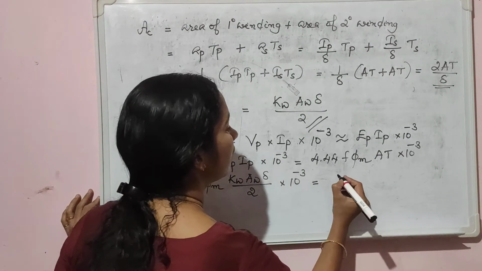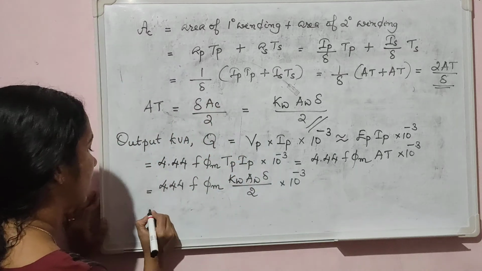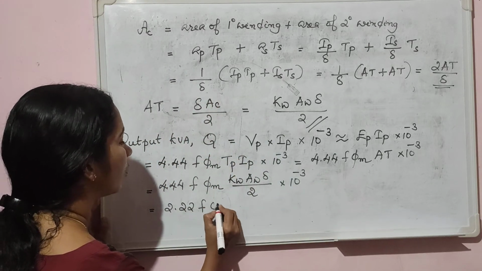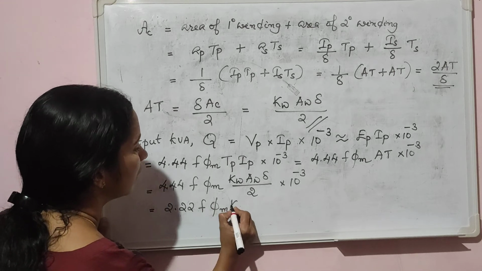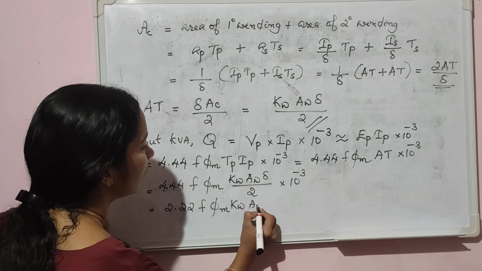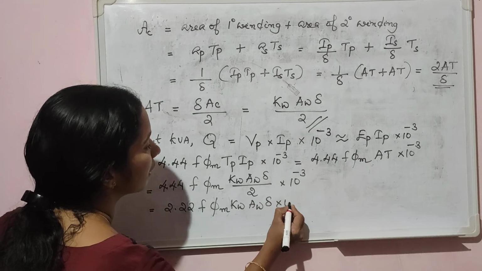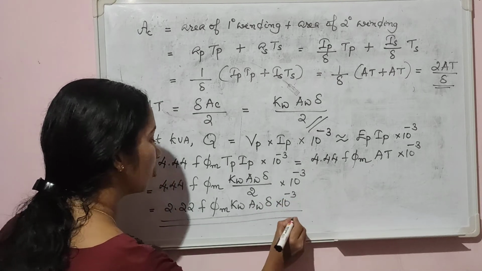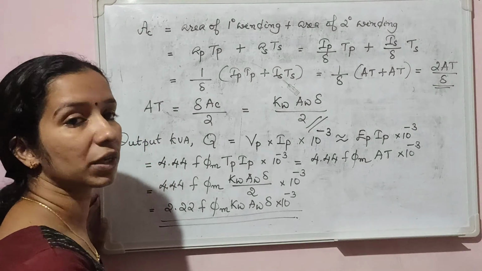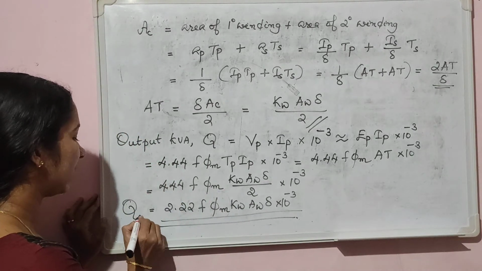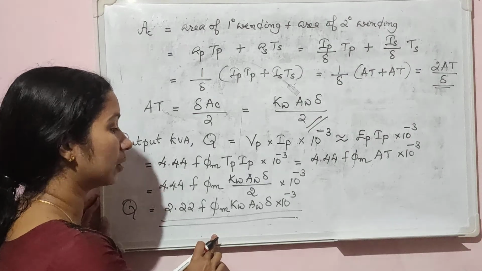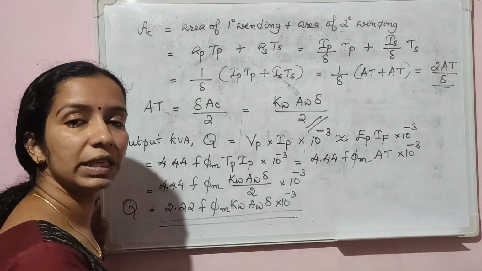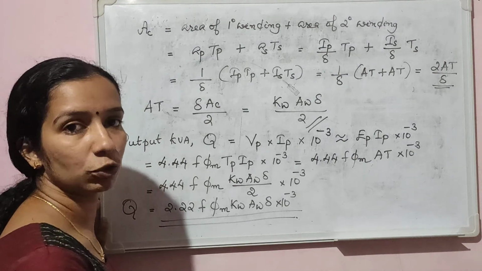So answer will be 2.22 F phi m into kW AW into delta into 10 raised to minus 3. This is the output equation of a single phase transformer, where output kVA is represented in terms of area of the window and area of the conductor in the window.